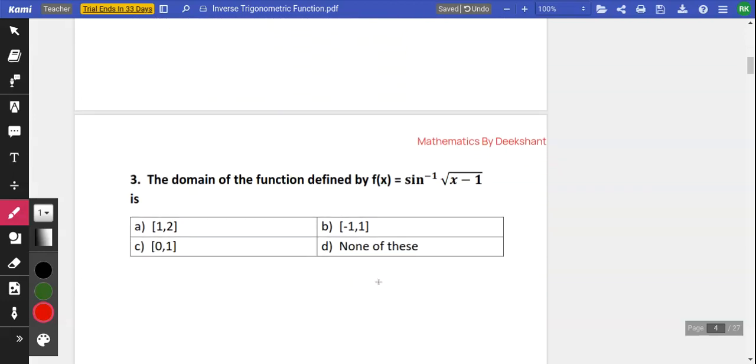In third question, find the domain of sine inverse of square root of x minus 1. Suppose square root of x minus 1 as y. Domain of sine inverse y is minus 1 to 1. Put the value of y, it becomes square root of x minus 1 less than or equal to 1.